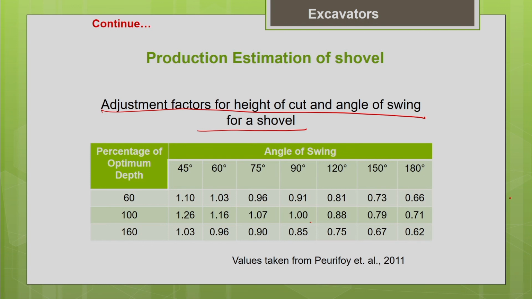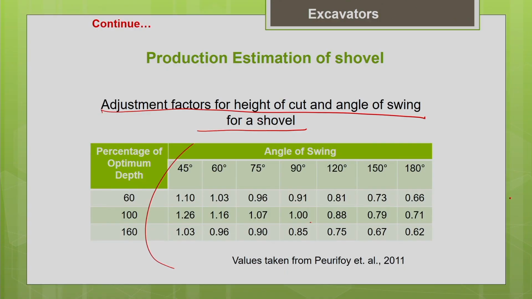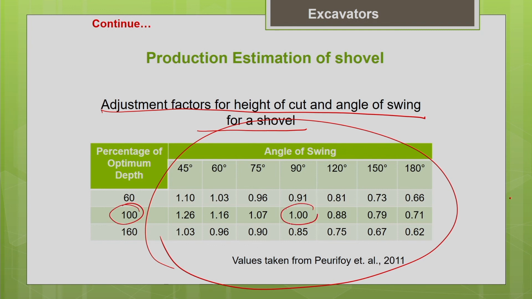Okay. If the actual height of cut and the angle of swing differ from the ideal condition in your project site, then you have to choose the correction factor accordingly from this table and apply it to the productivity. If the actual height of cut is the same as the optimum height of cut and the angle of swing is 90 degrees, then you need not apply any correction factor.